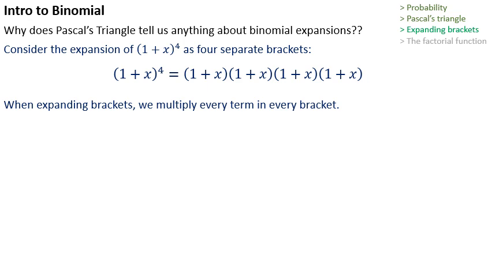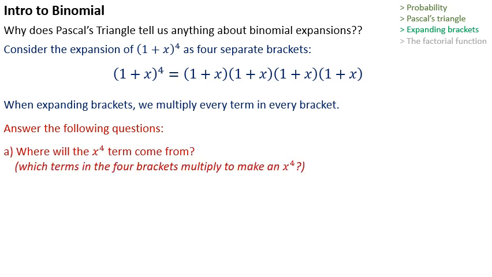So overall, if you're going to multiply every possible combination, there's 2 times 2 times 2 times 2. That's 2 to the 4. That's 16 different things that you can get. Maybe you do 1 times 1 times x times 1. Maybe you do 1 times x times x times x. There are 16 of those different combinations, but some of them give you the same result.